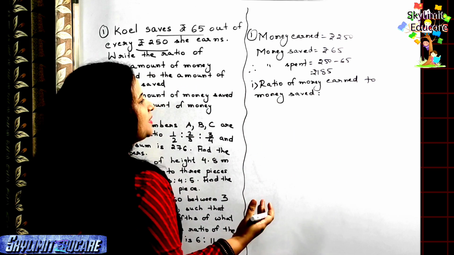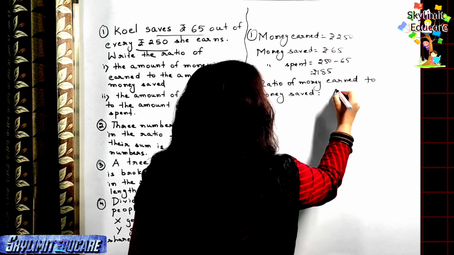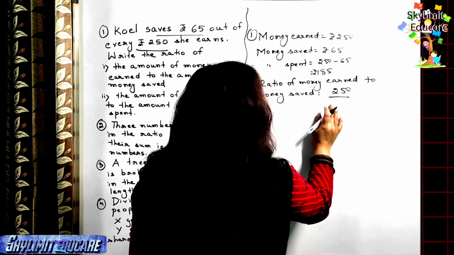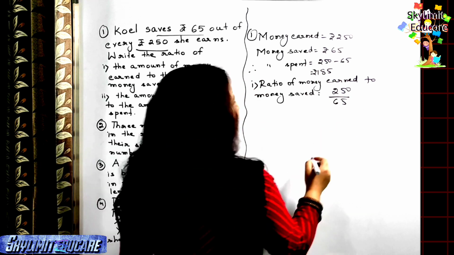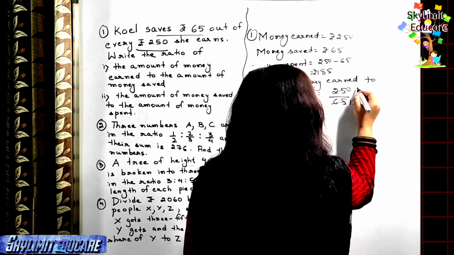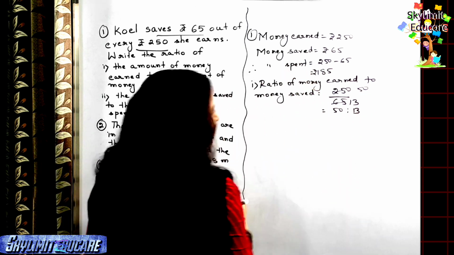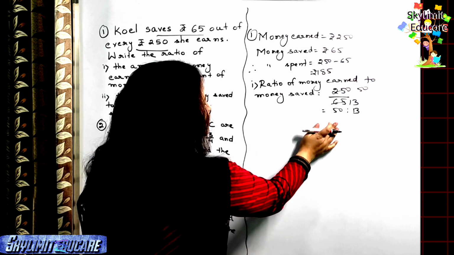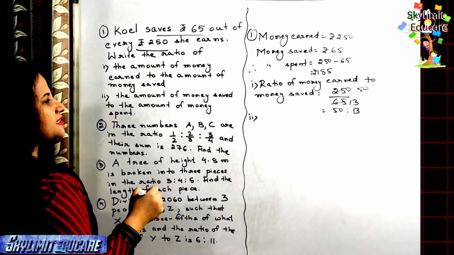Money earned by money saved: money earned is 250, money saved is 65. Now we can cancel it out. So that gives us 50 is to 13. So we reduce it to the simplest form. As we know, ratio is the simplest form between two quantities of the same kind.